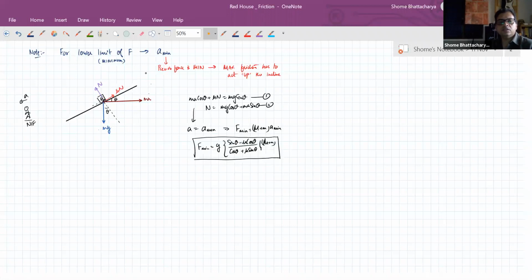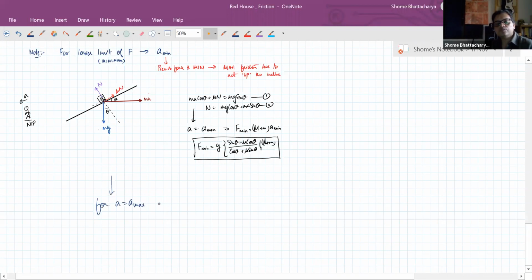But if I continue increasing the acceleration, what will happen? Now ma cos theta is dominating over mg sin theta, so friction's direction gets reversed. So for a being the maximum value, maximum static friction of mu n will act down the inclined plane.